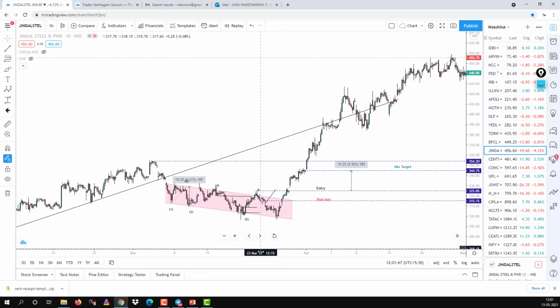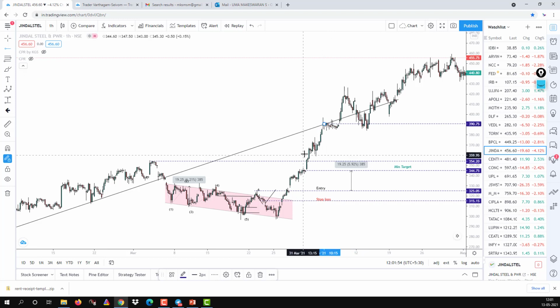See what happened. The price tested here. This is the third target. You can fix it. Like that you can increase your target by the tools we have learned.